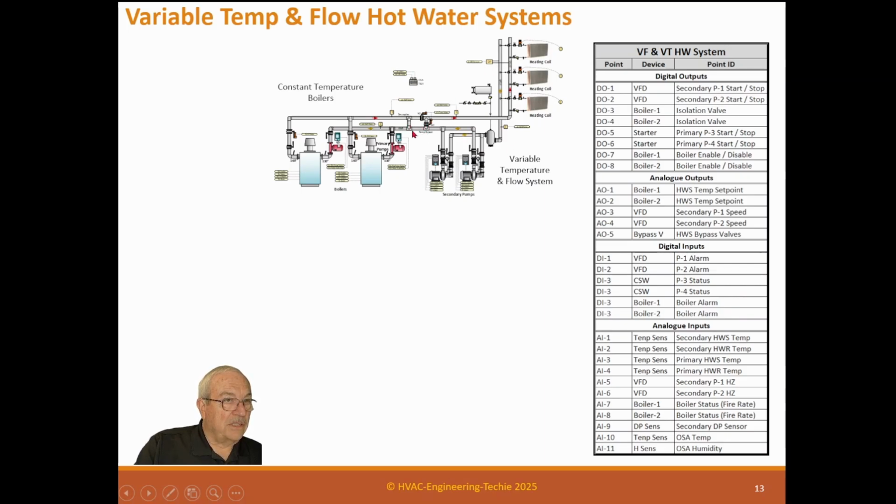So it has a decoupler for the primary loop. It has a temperature decoupler for the temperature to the space. So this is, to me, the preferred system. It's a little bit more difficult to program, but basically to get these results, you've already spent the money, so I don't know why you wouldn't do this.